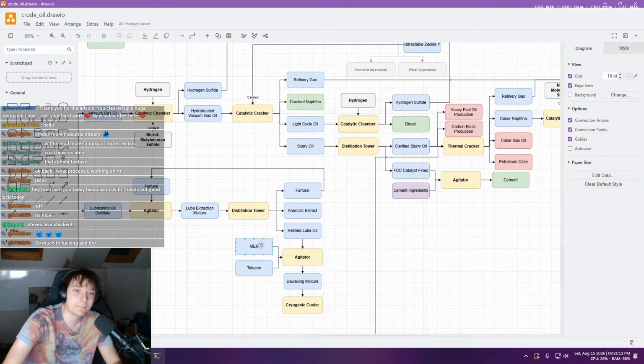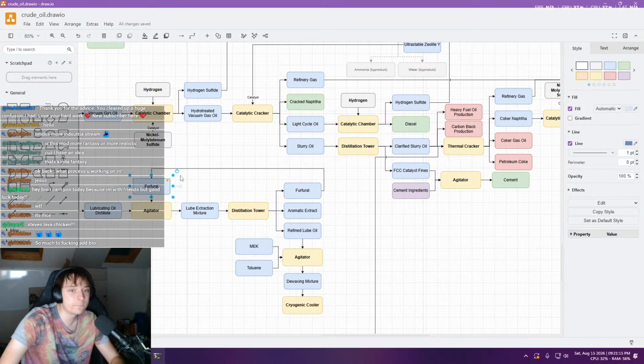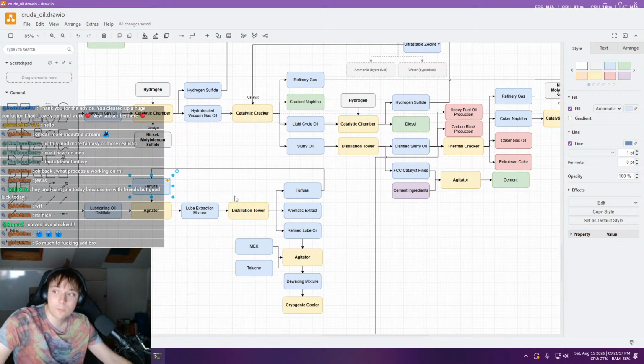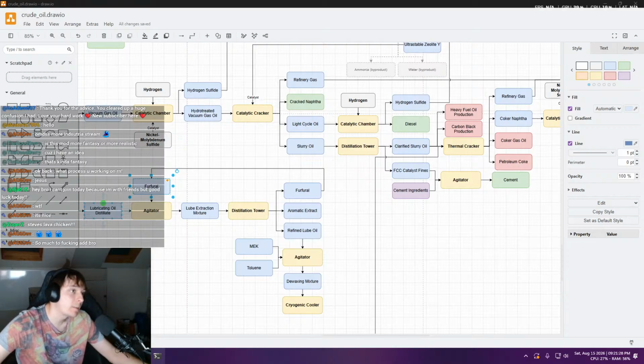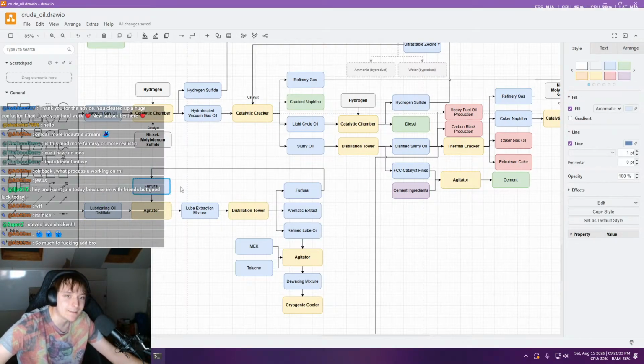So these are going to be massive. Furfural as well. I don't know how the hell we're going to get that. Something with sugarcane, corn stuff. We don't have corn, so maybe we have to add corn just to get this.